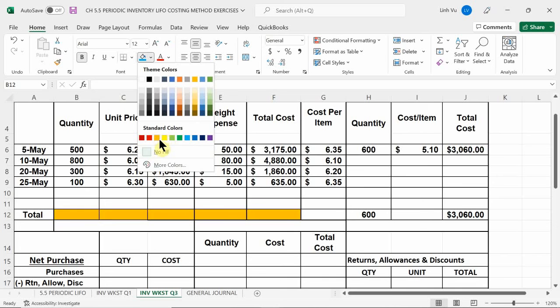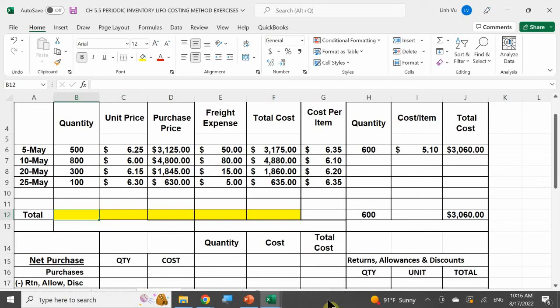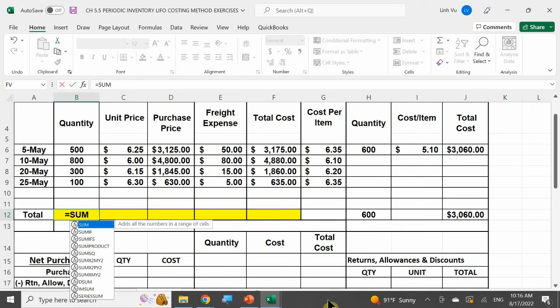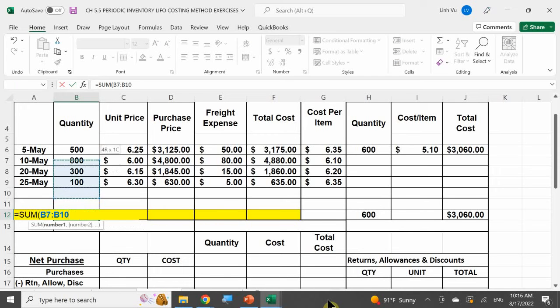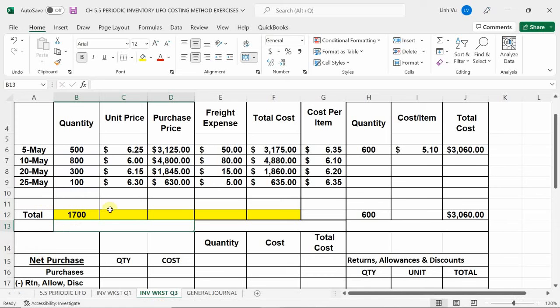So I'm going to use the same colors here. So yellow. In this case, how many items did I purchase in grand total? So I got 500 plus 800 plus 300 plus 100. 1,700. You purchased 1,700.